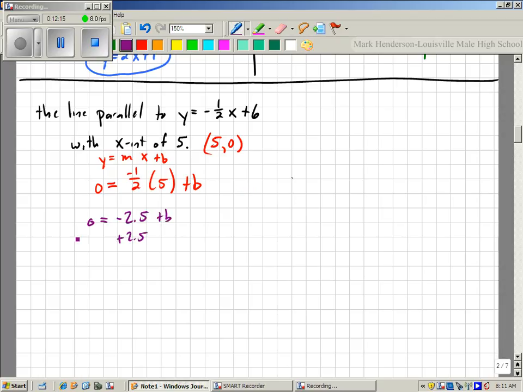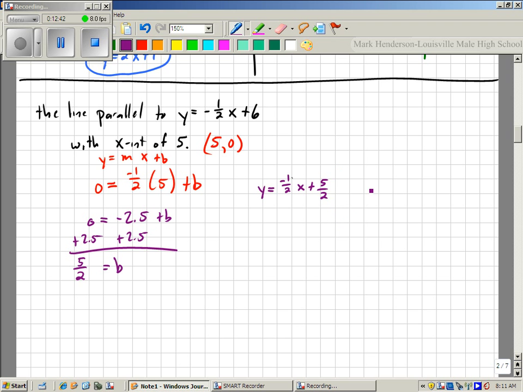I add 2.5 to both sides. And I get b. I'm going to go ahead and switch it back to a fraction. b equals 5/2 because I like fractions better. So I know my equation is y equals -1/2 x plus 5/2. Okay?